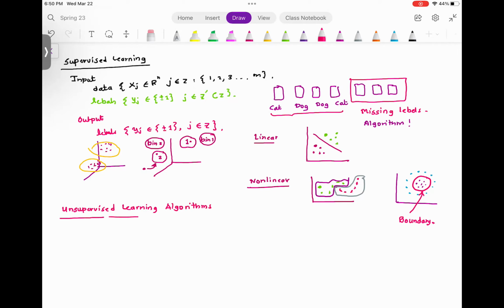In unsupervised learning algorithms, one classic algorithm that is widely known and utilized is called k-means clustering.